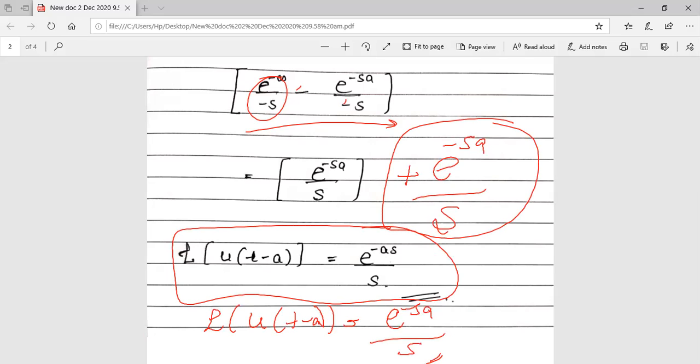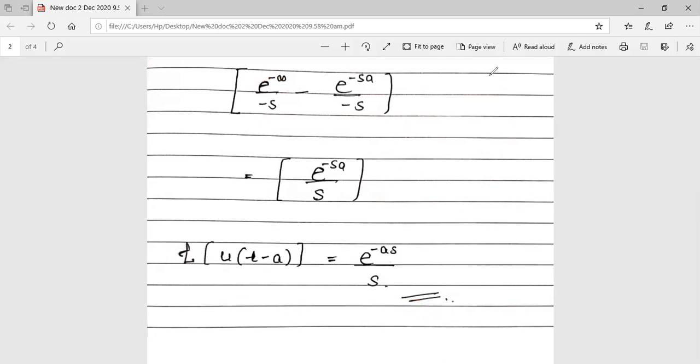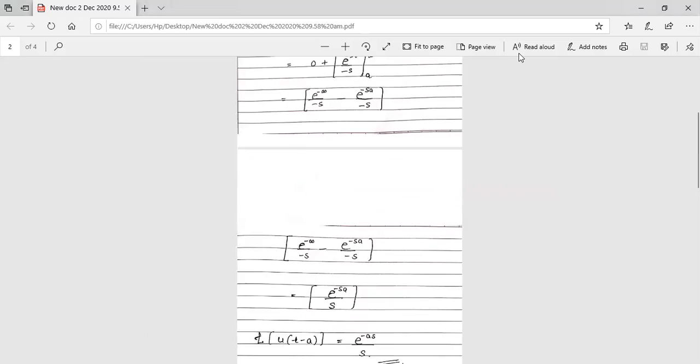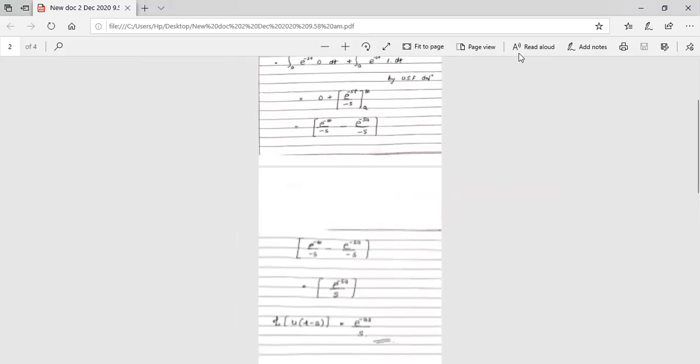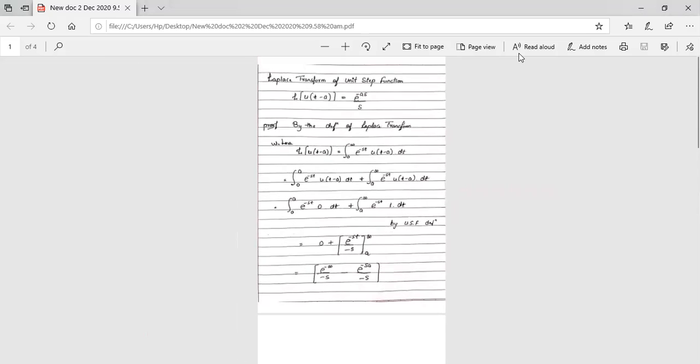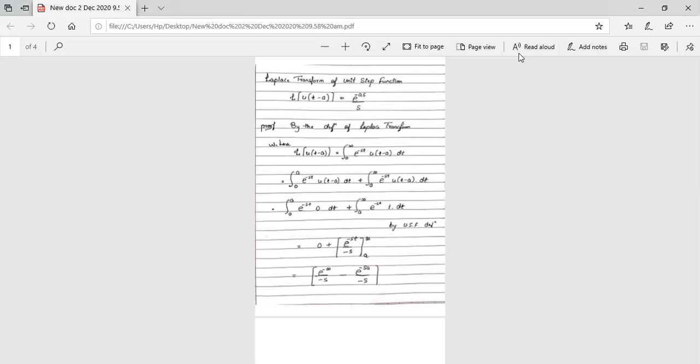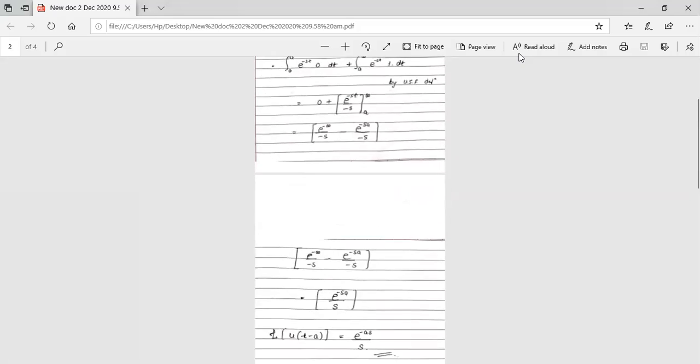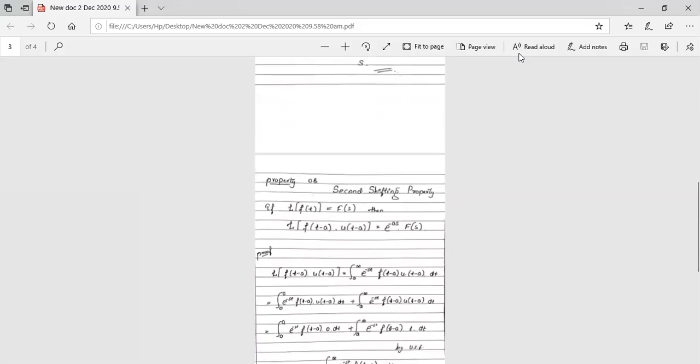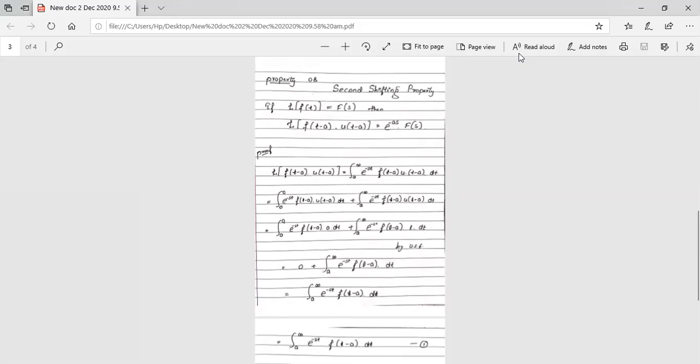So this is one small theorem related to the unit step function property. Here we have the Laplace transformation of the unit step function theorem, and we will go for the next property, that is an important property, the second shifting property.